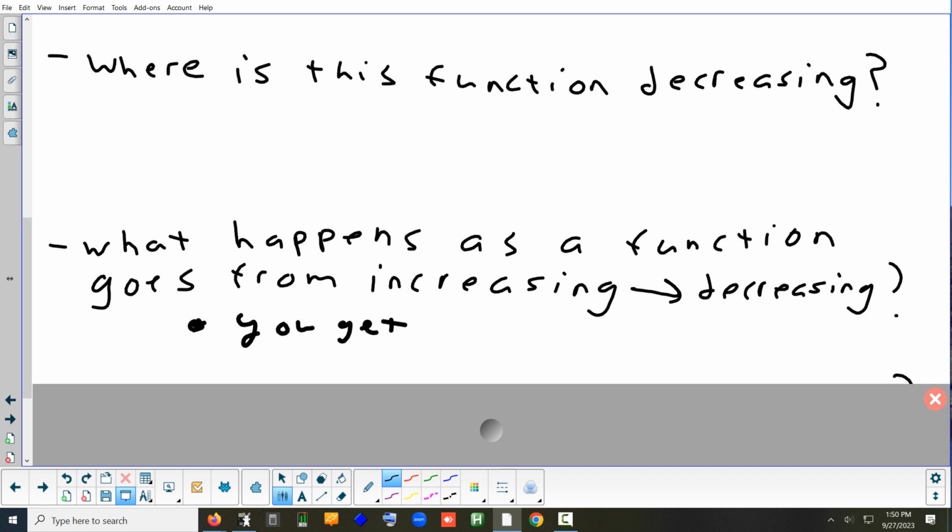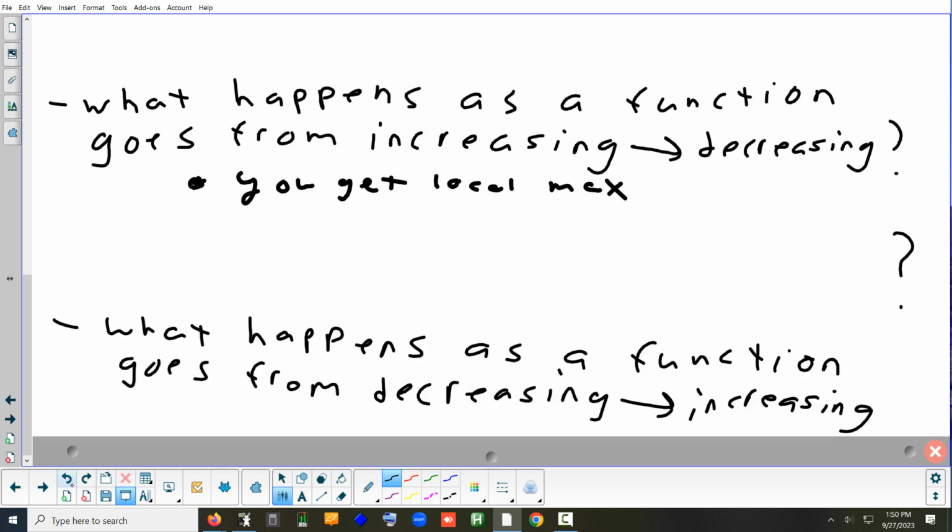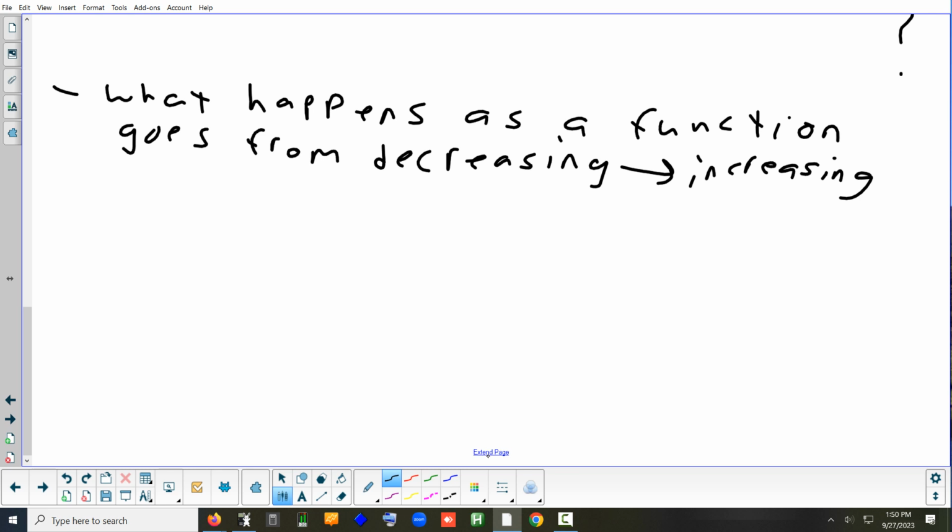So you get local max. And what happens, well, we answered this already the other way. As you go from decreasing to increasing, you get a local min.